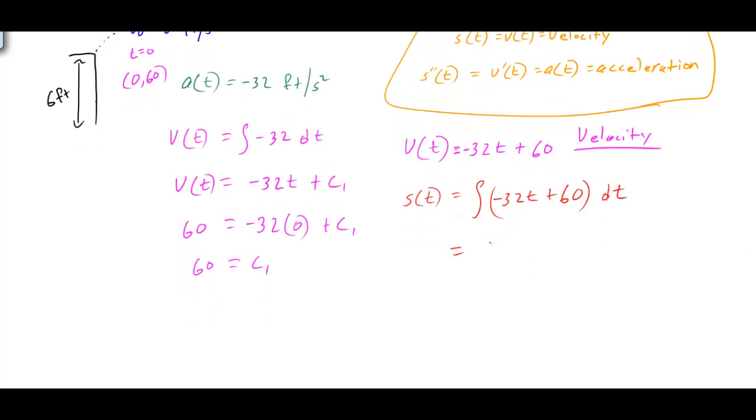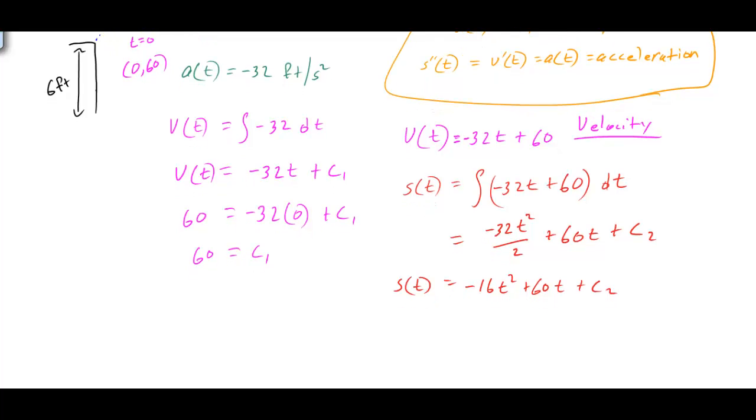So we would end up with negative 32t squared divided by 2 plus 60t plus c sub 2. And if we simplify this, we have negative 16t squared plus 60t plus c sub 2. And I'm calling this c sub 2 because most likely this is going to be a different constant than what we found over here for the velocity function.